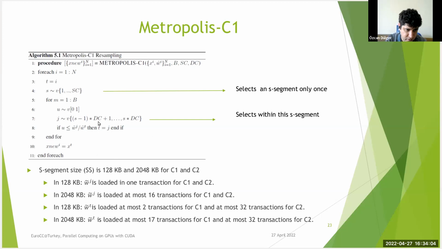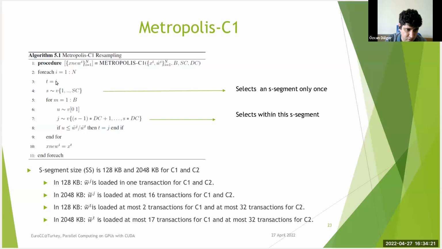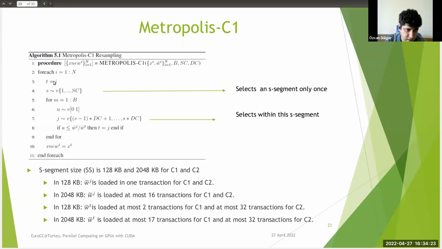One of them is coming from the selected S segment. The second one is coming from the initial value of T here, so this index is in another segment. So WT is loaded in at most 2 transactions for C1.